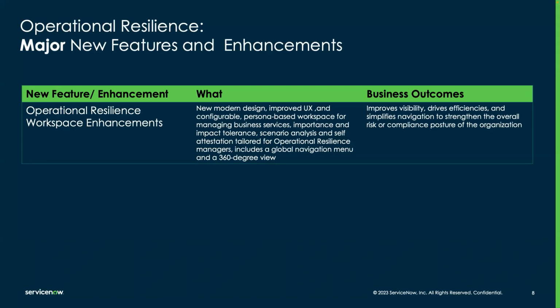We're bringing forward the managing business services, the importance and impact tolerance assessments. There's scenario analysis and self-assessment tailored for all of these that will be shown in the workspace. And with the next experience, we also always bring you the 360-degree view. So the main thing we're focusing on with this workspace is improving visibility, driving efficiency, and simplifying the navigation for you.